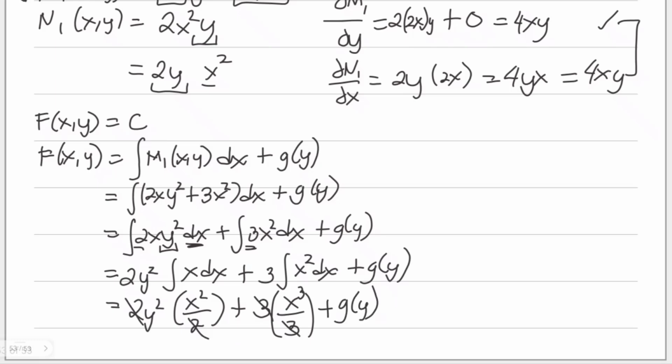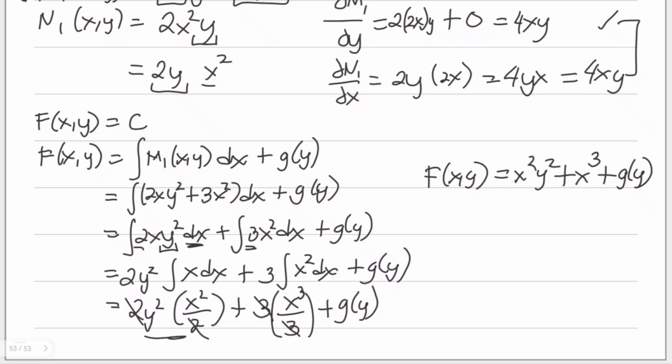This as well here. So your f of xy is equal to, you can rearrange these terms, x squared y squared plus x cubed, okay, plus your g of y. So this is just the fourth step, okay, on solving non-exact differential equation.